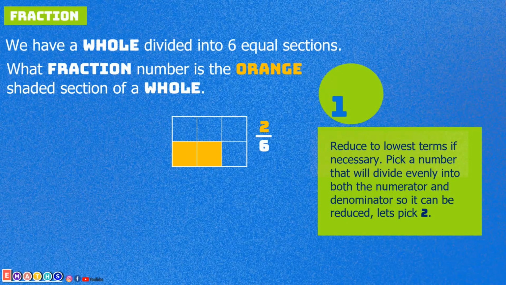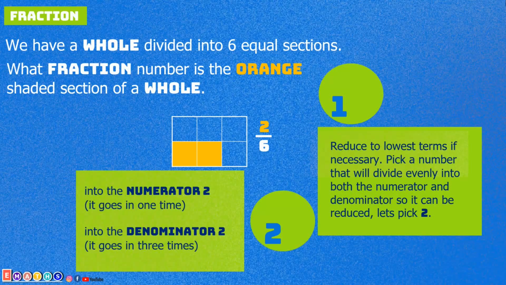We need to reduce these to lowest terms if necessary. Pick a number that will divide evenly into both the numerator and the denominator, so it can be reduced. So let's pick number 2. Into the numerator, 2 goes in 1 time.